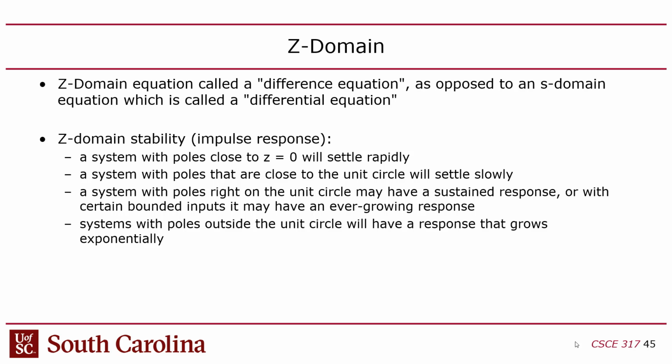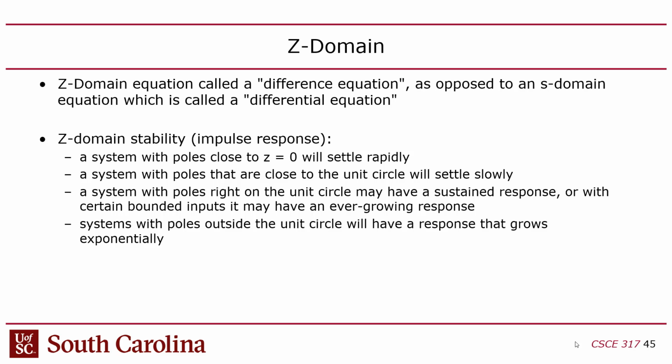So a system with poles close to z equals 0 will settle rapidly. A system with poles that are close to the unit circle around the origin will settle slowly. A system with poles right on the unit circle may have a sustained response, or it may have an ever-growing response, which means not stable. A system with poles outside the unit circle will definitely be unstable, and they'll grow exponentially.